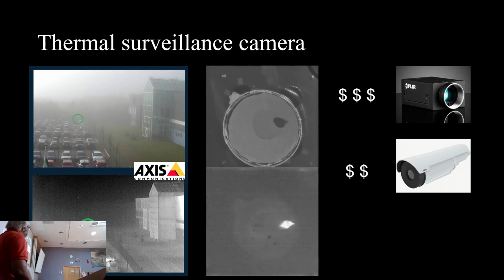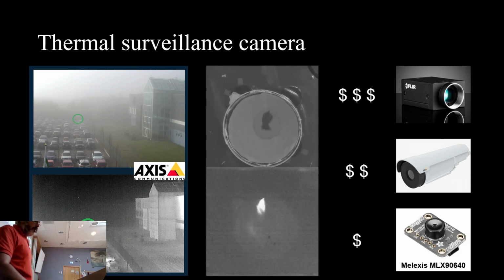That's why the surveillance cameras are cheaper, because they are only used for detection. They don't tell you the temperature of your object. But then we realized this image is very good, we can also do it with fewer pixels than this, and then we can go even cheaper.